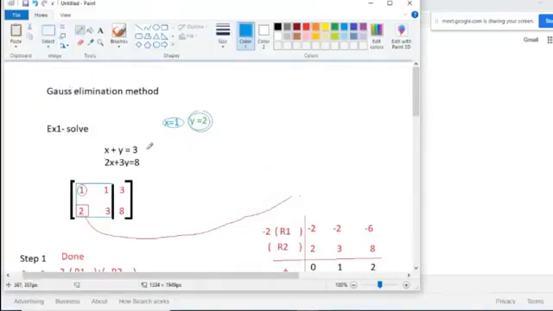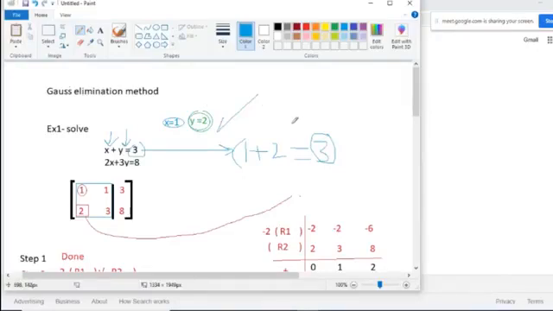I will select the first one. Now substitute with me. Remove this x and put 1. It will become 1 plus. Remove this y and put the value of y, which is 2. Add, then 1 plus 2 equals 3. Yes, 3, same as this. That means your answer is correct. You got it?